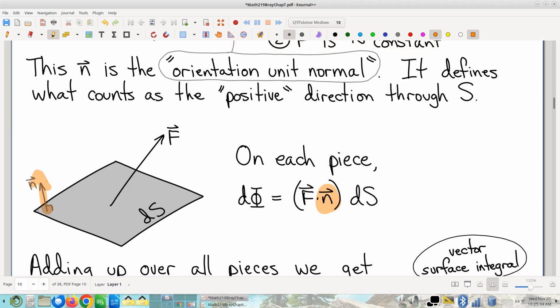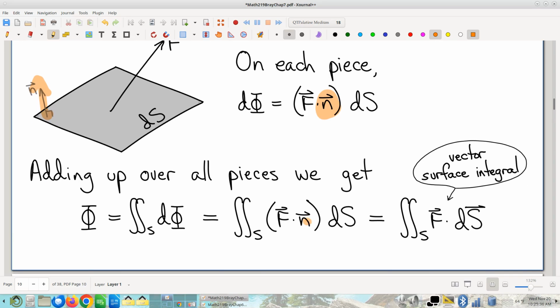So notice that orientation is in our integrand. This integrand, let me highlight here, what I'm going to loosely call the integrand, is not just a function of x, y, and z. This depends on how your surface is oriented.